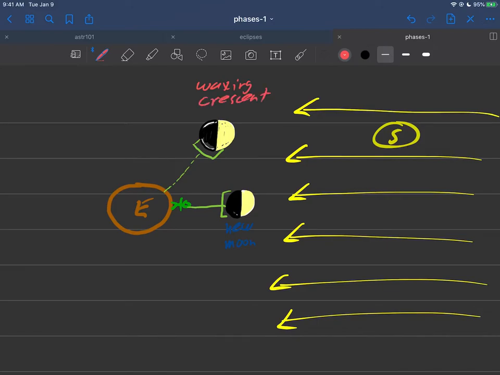Waxing crescent. And remember, what does the word waxing mean? Getting larger. Crescent, because it's less than half a circle, or maybe just a part of a circle right there. So this is the part of the circle that we can see, and that's all the black bar right there. Okay, so there's already our first two phases. There's a new moon phase and a waxing crescent phase.